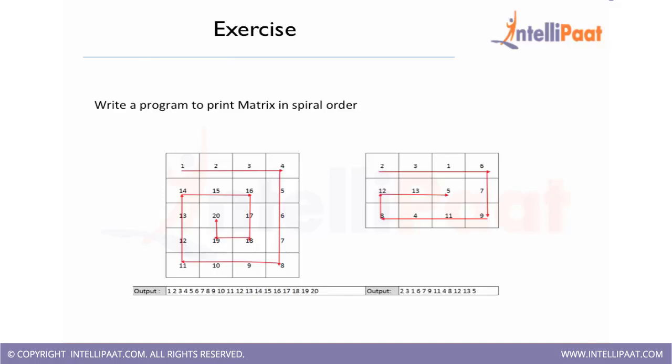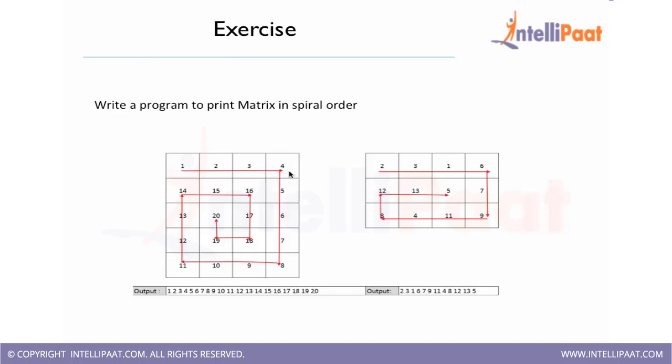So for the exercise question, I would like you to try out this problem on your own. Write a program to print a matrix in spiral order. So what is a spiral order? Spiral order is this. Suppose this is a matrix, so you need to print the matrix in this order.